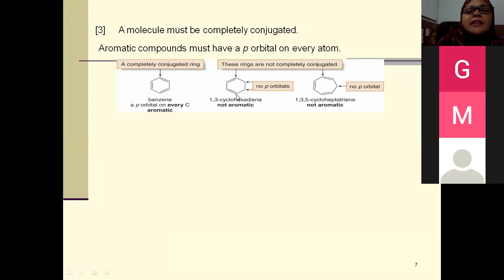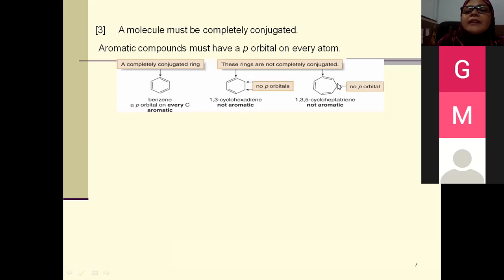Carbon atoms are 6, hexa, and there are two double bonds, so diene. But here you can see the arrangement of single and double bonds is not completely conjugated. Double bond, double bond, single bond, again single and single bond. At this place it should actually be a double bond, but it's not present. So there is no p orbital on these two carbon atoms. Because of that, it's a non-aromatic compound.